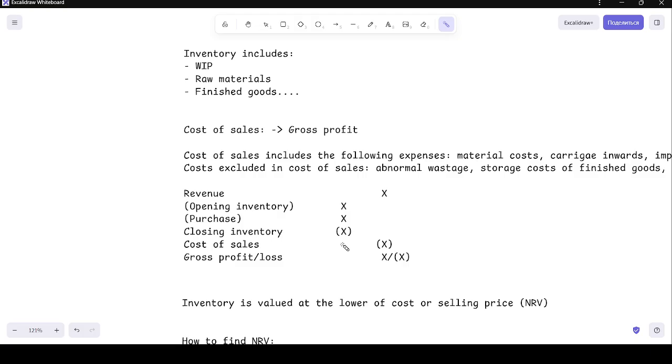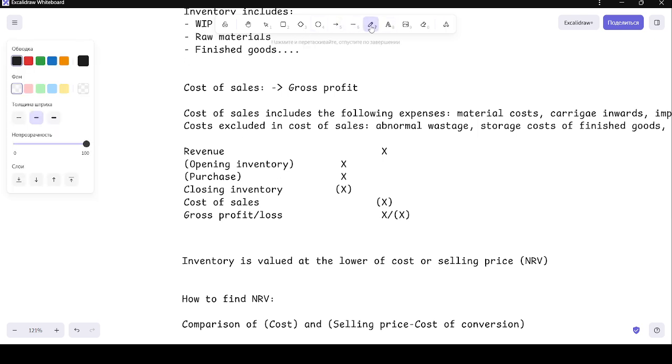Another important thing is that opening inventory is the closing inventory of our previous period, or closing inventory will be opening inventory for the next period, and that's it.